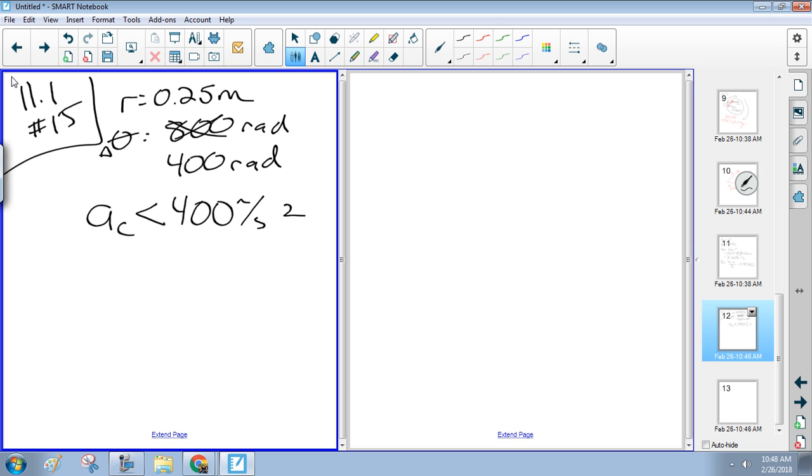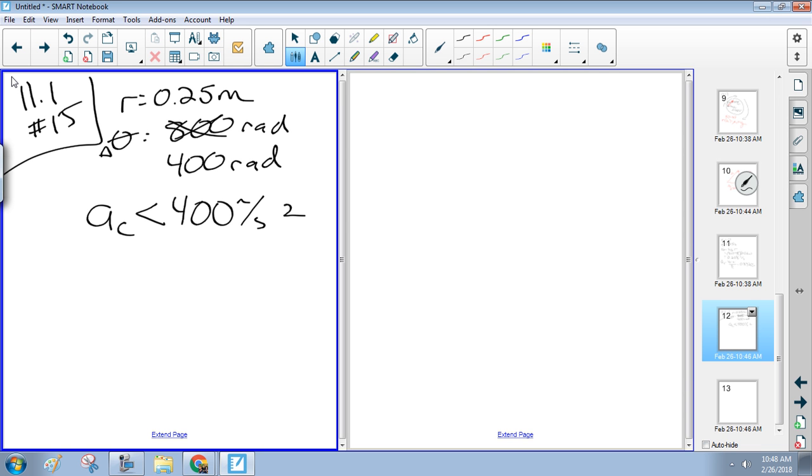Do you guys understand that the faster I spin this, the larger the centripetal acceleration of any point is? Right? Okay? So what we want to do is make sure that the centripetal acceleration never goes above this value. And so the question wants to know what's the smallest possible time you could take for this to happen?